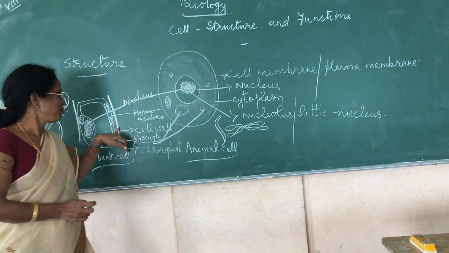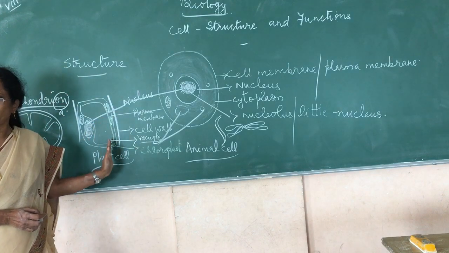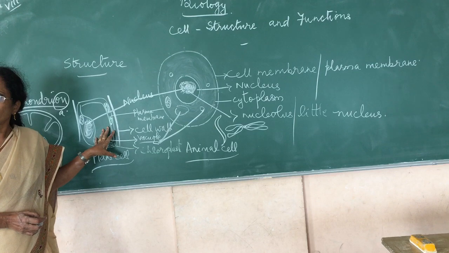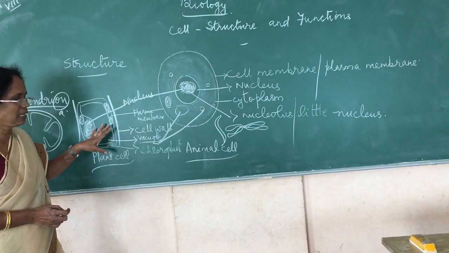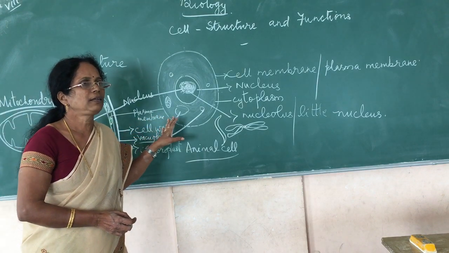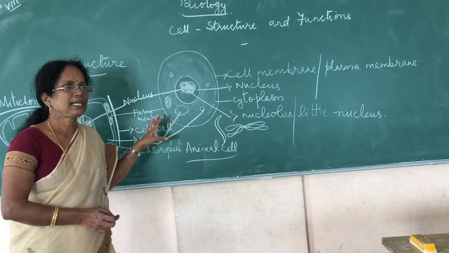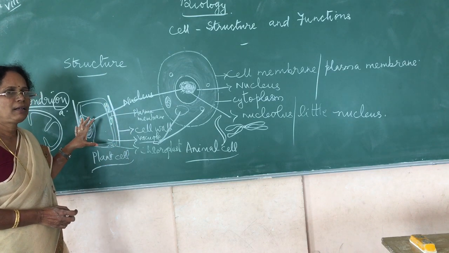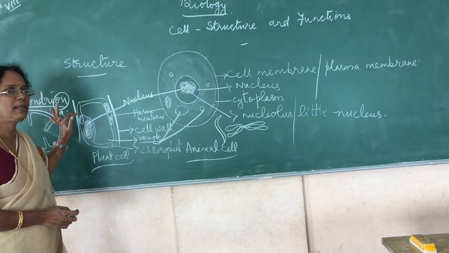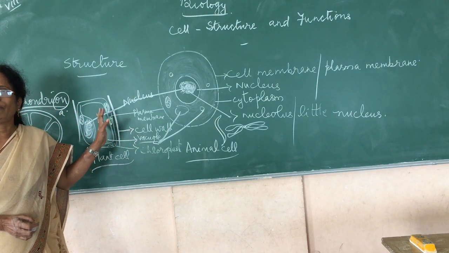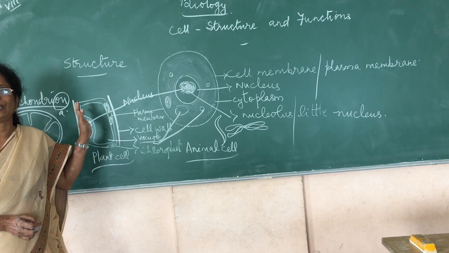This cell wall helps in maintaining moisture to the cell. At the time of scarcity of water during hot seasons, this cell wall helps in protecting the cell, in preventing evaporation, removal of water, transpiration.